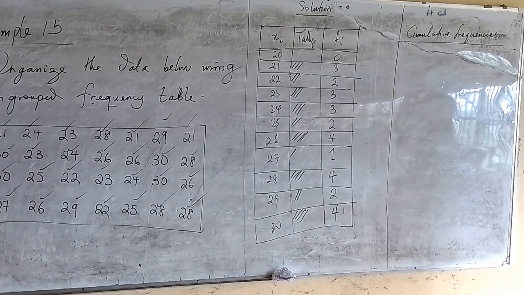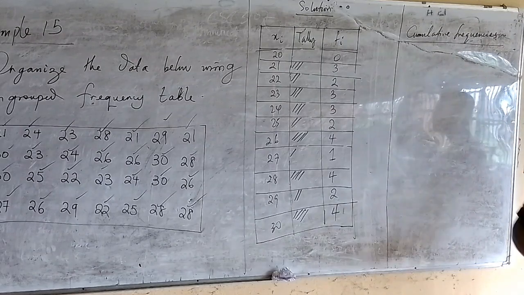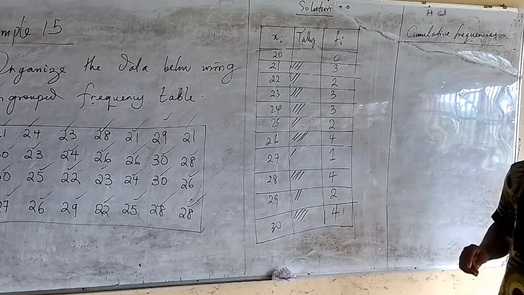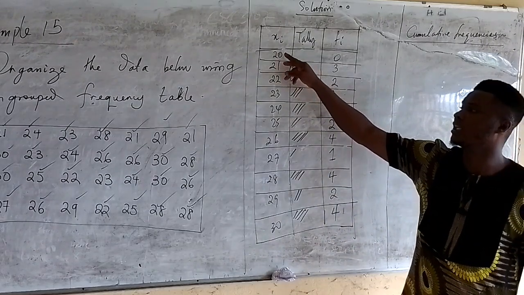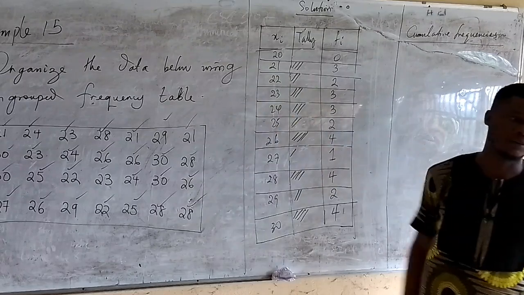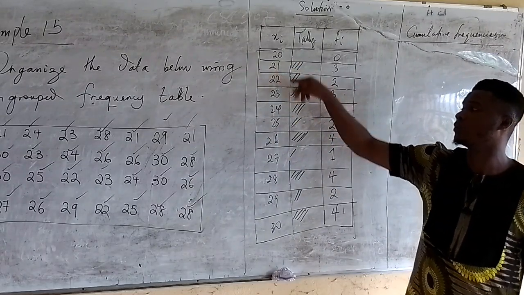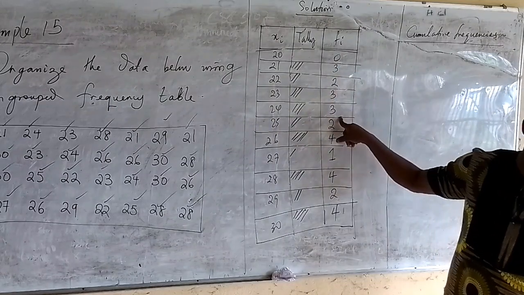What would you do? That gives rise to the concept of what? Cumulative frequencies. For example, under cumulative frequencies we answer the question, how many values range from 20 to 24? It will be 0 plus 3 plus 2 plus 3 plus what? 3.